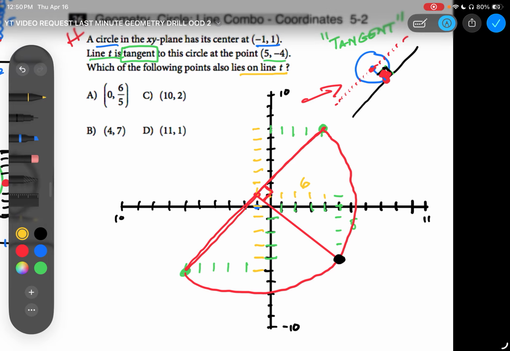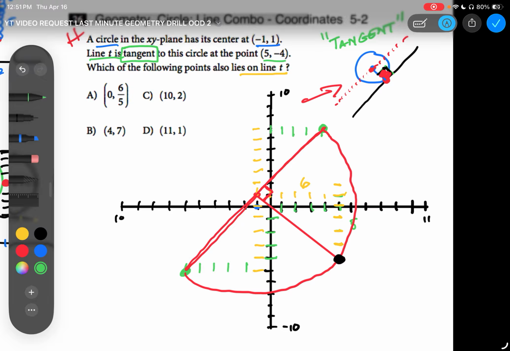Remember, it's up 6. 1, 2, 3, 4. I got a delay on the screen. Hold on, let me see if it shows it. Oh, I think my memory is dying on this. Or maybe it's the College Board. 1, 2, 3, 4, 5, 6. And then I would go across how many? I go across 5.